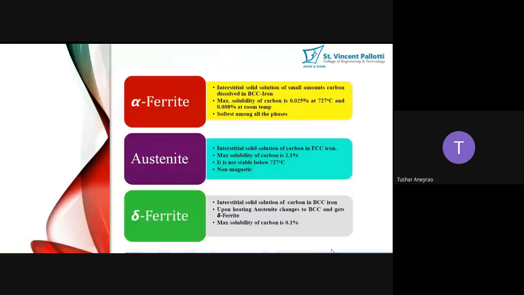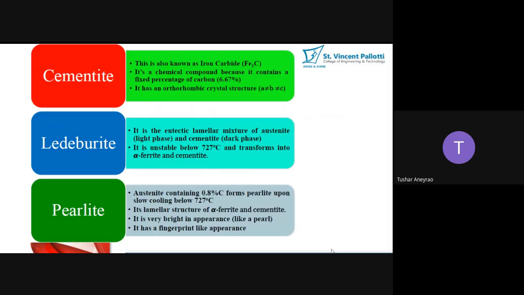Then delta ferrite, this thing we have seen, and in total 6 phases are there. Means alpha ferrite, austenite, delta ferrite, cementite. Then one of the phases, ledeburite, is the eutectic mixture. Now we will see what is the meaning of this eutectic mixture.